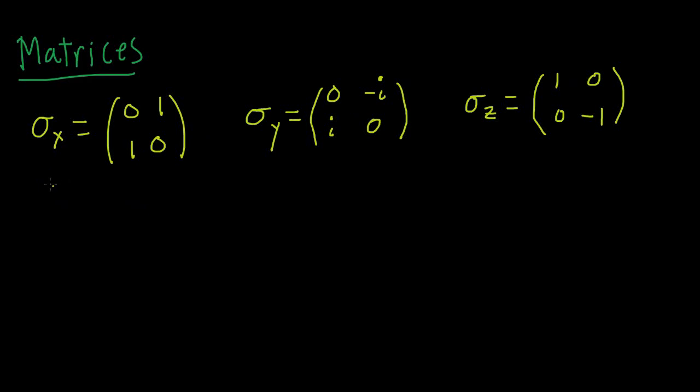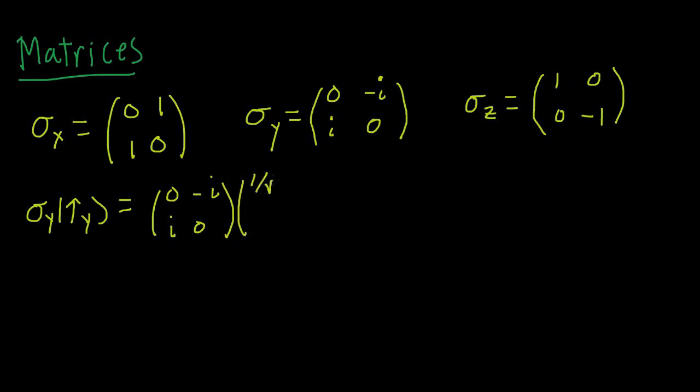We're just checking that these 2 matrices really do work as they should. So to start off, sigma sub y acting on the spin up vector in the y direction. That's equal to the matrix with components 0, negative i, i, and 0, acting on the vector with components 1 over root 2 and i over root 2.